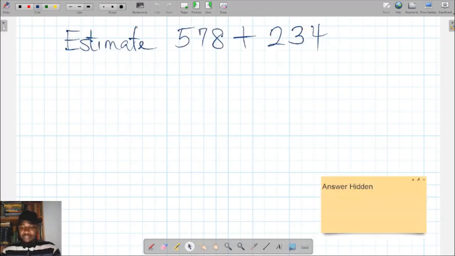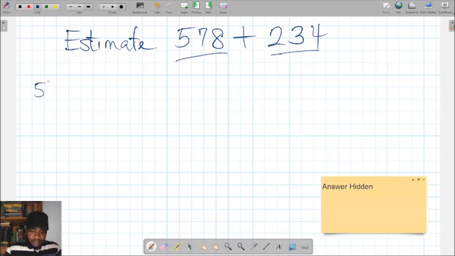For example, to estimate 578 plus 234. To estimate means to give an answer that is close to the correct answer. When you estimate, you pick your own desired place value, round off to that place value, and then perform your calculation as you should. For example, 578 and 234 are two numbers that we can easily round off to the nearest 100. 578 to the nearest 100 is between 500 and 600, and it is closer to 600.